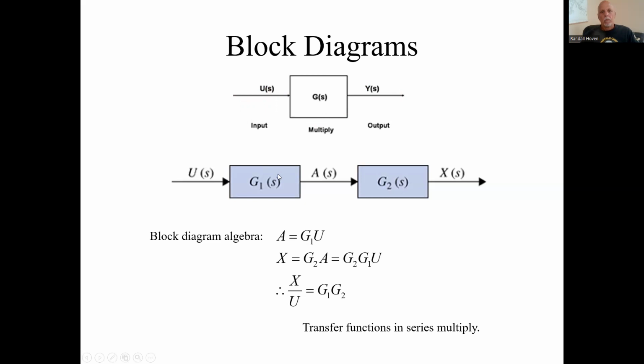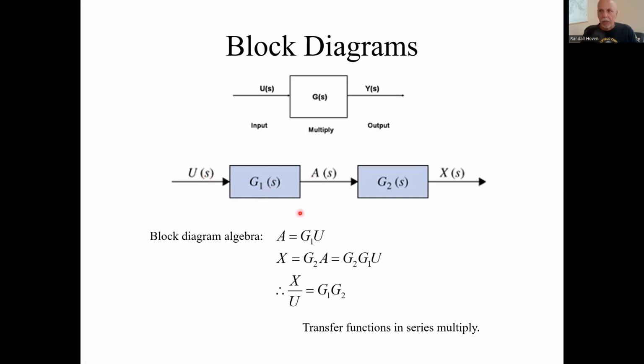Anyway, let's look at, say, you have two processes in series. The way to go about a lot of this, at least to begin with, is the algebra of it. Let's label every signal here. We'll call this in-between signal A. So this signal A is this process times U, G1U.